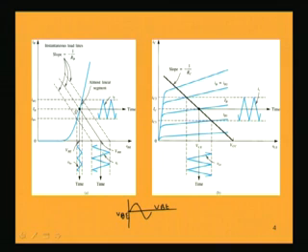The slope of that load line is minus 1 by RB, minus because it is decreasing. I mean the straight line has a negative slope, and 1 by RB is the slope.